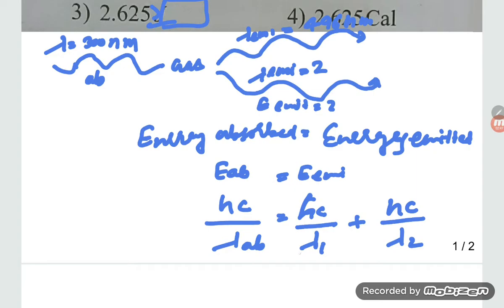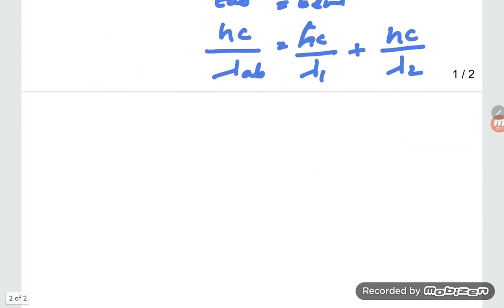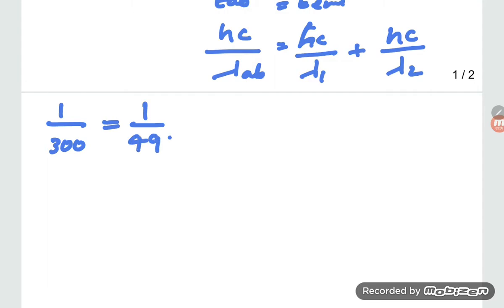The energy of the two emitted photons will be equal to the energy absorbed. The wavelength of the absorbed light is given: 1 by 300 nanometer is equal to 1 by 496 plus 1 by lambda 2. And all the hc cancel out, student.